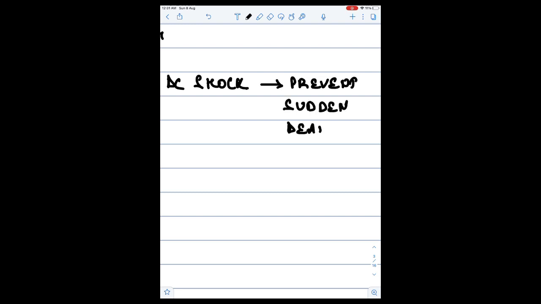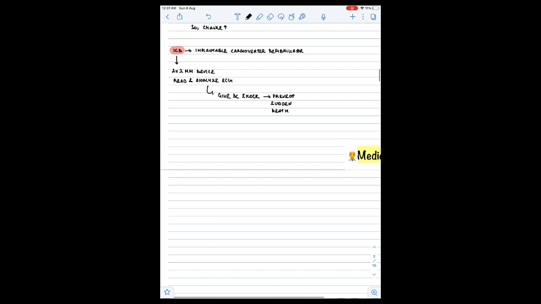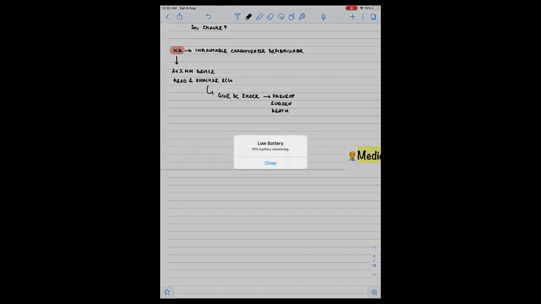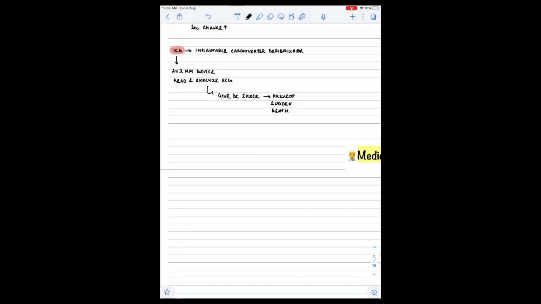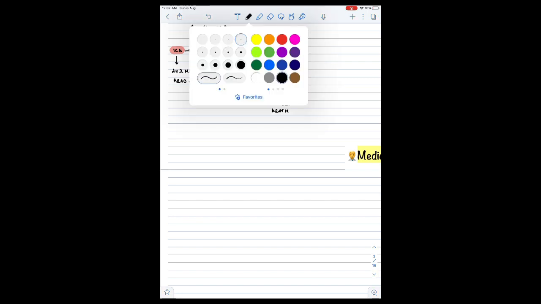So basically, the ICD will detect the ECG and will give the shock to prevent the sudden death. So ICD should be done, can be implanted.